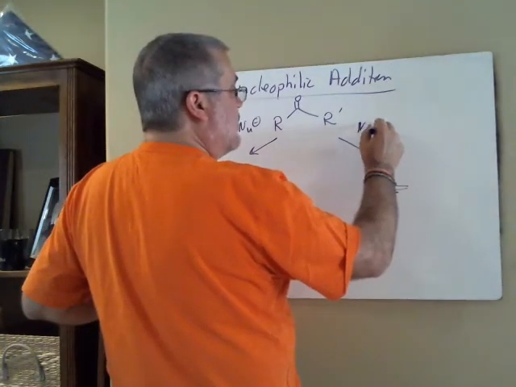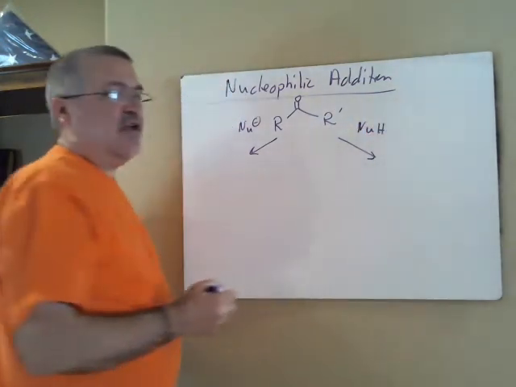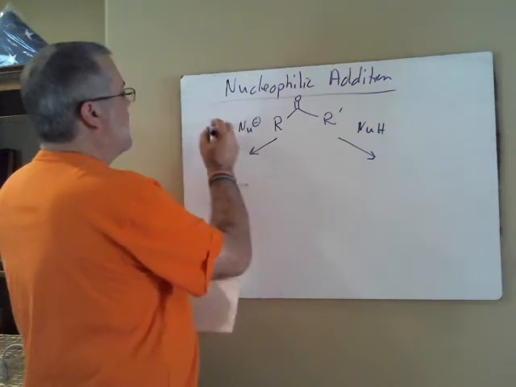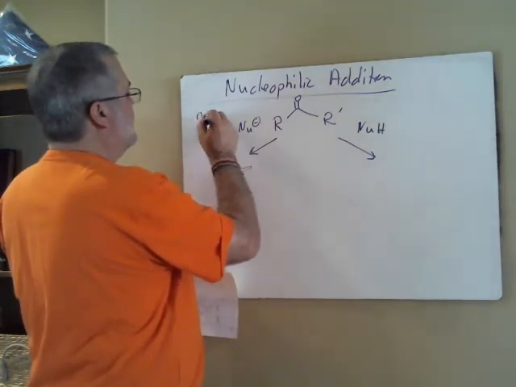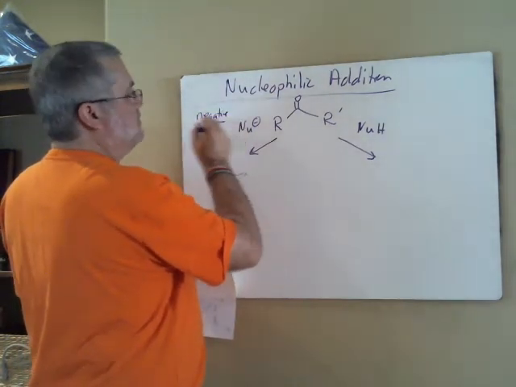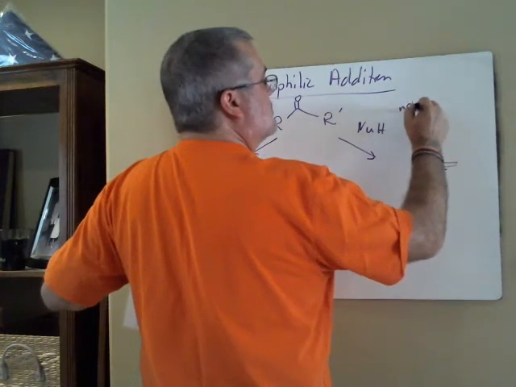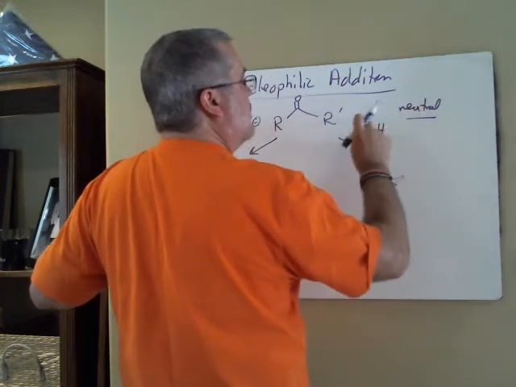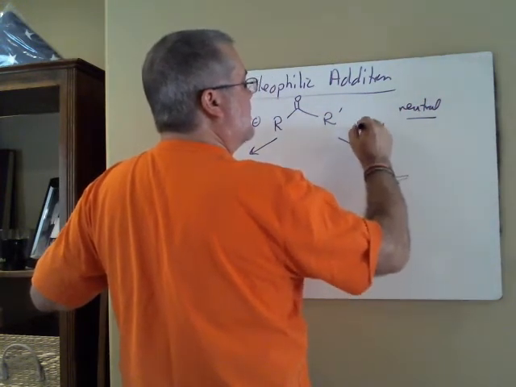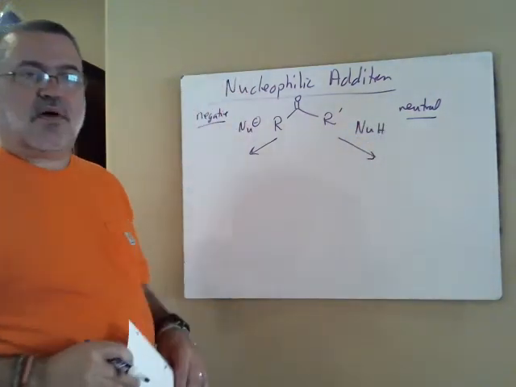But you can also envision a situation where you're adding a neutral nucleophile. So I'm going to write that down. Negative and neutral. And let me make sure that you can see that that's an N for the nucleophile.